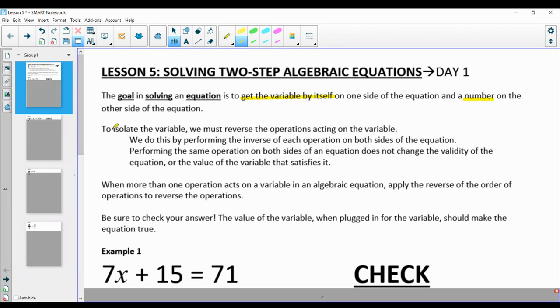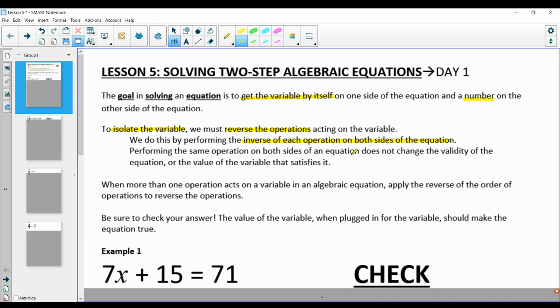To get the variable by itself, or to isolate the variable, we must reverse the operations acting on the variable. We do this by performing the inverse of each operation on both sides of the equal sign. When we perform the same operation on both sides of the equation, it doesn't change the value of the equation. So if I add 4 to one side of the equal sign, I add 4 to the other.